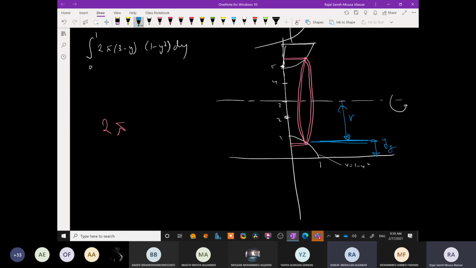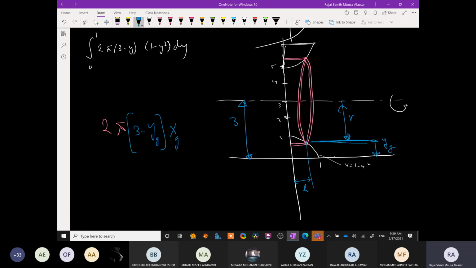And from here to here is what? It is 3. So what is r actually? It is 3 minus y of the graph. What is h? It is actually x of the graph.